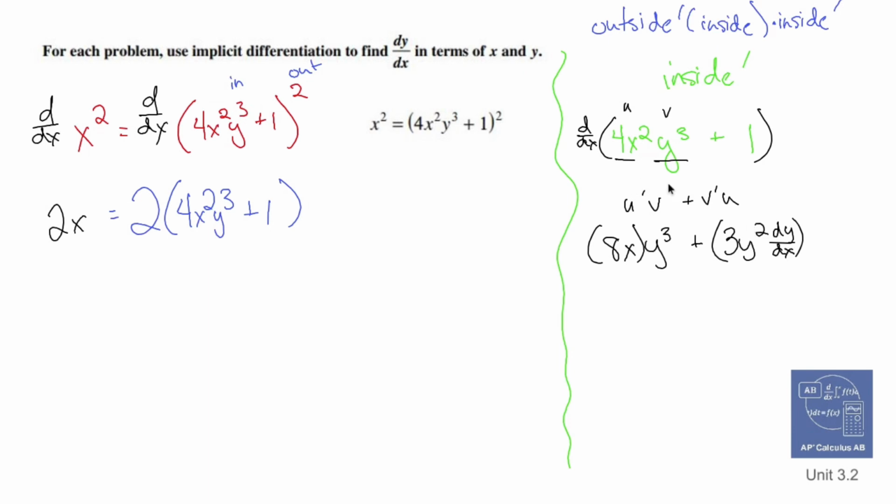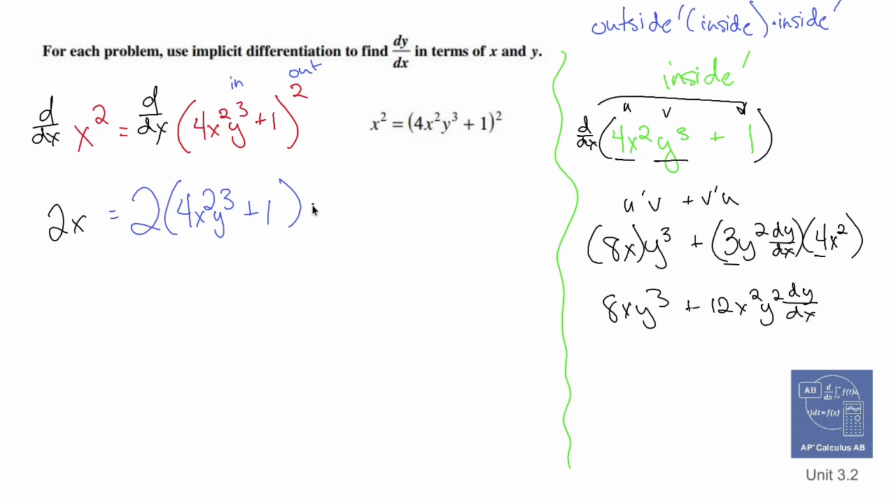Multiply that to u as is, so 4x squared. Okay? And then what we haven't done yet is the derivative of 1, which is nothing. So let's clean this up. So we've got 8xy cubed. 3 times 4 is 12. x squared, y squared, dy/dx. So that's the derivative of the inside.